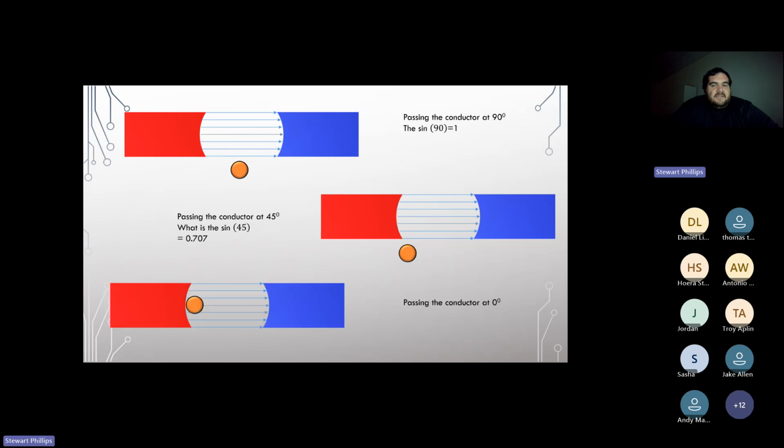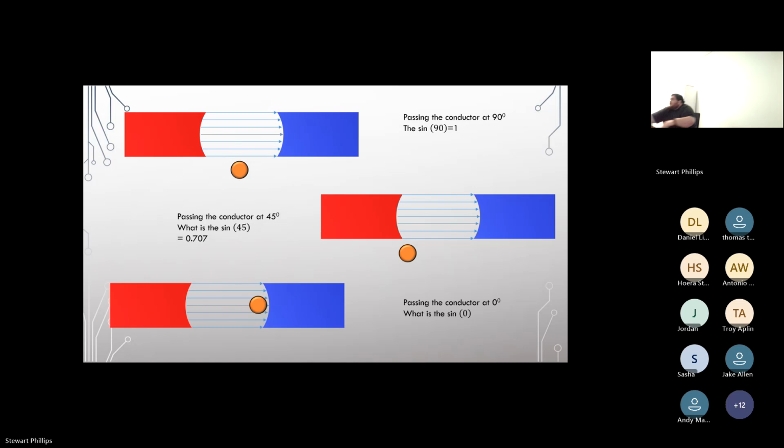And then if we pass the conductor at 0 degrees, we get sine of 0. What is the sine of 0? Yep, the sine of 0 is 0.